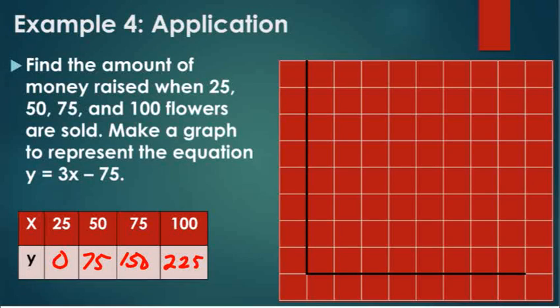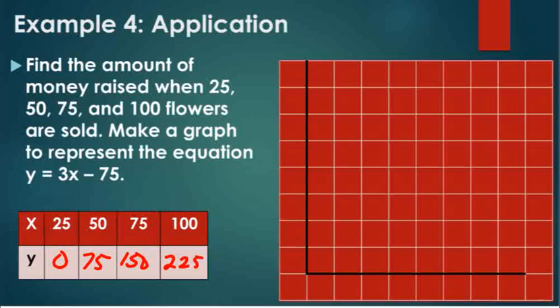You can see my y's. We can count by 25s. So if we count by 25s, this will be 25, 50, 75, 100, 125, 150, 175. We would have to go by more than 25s to be able to fit it on the graph.